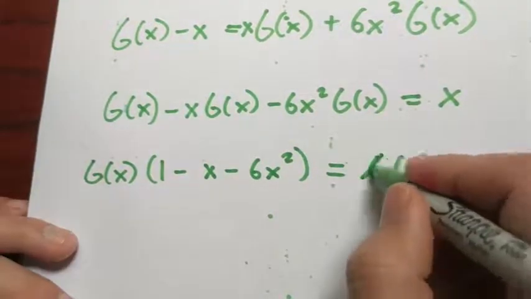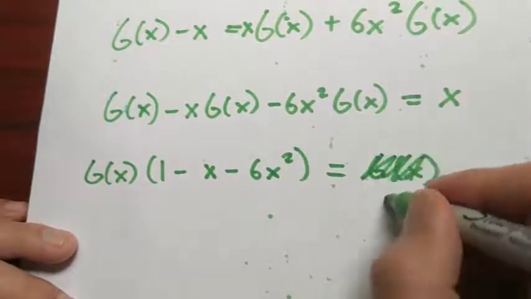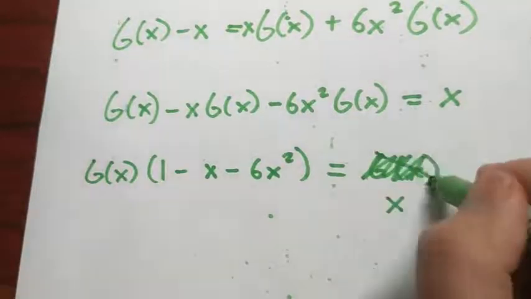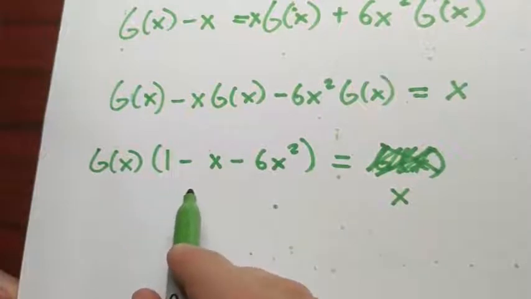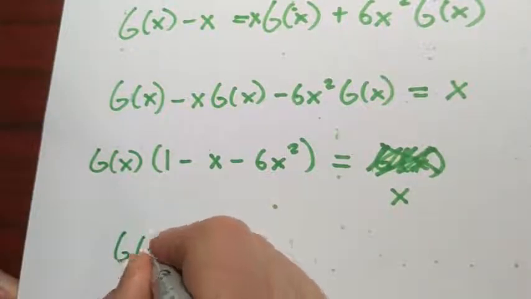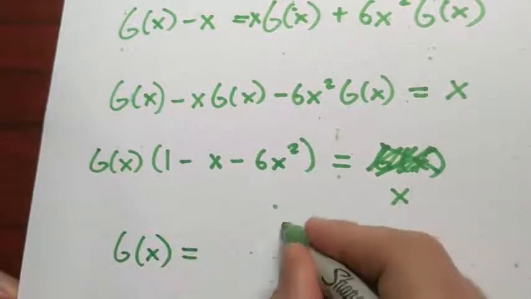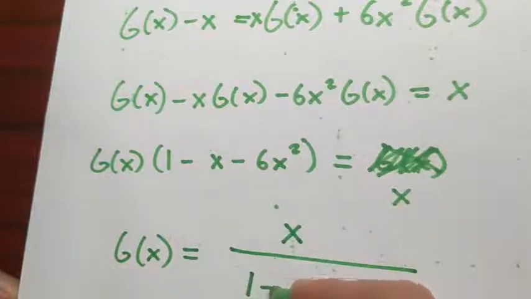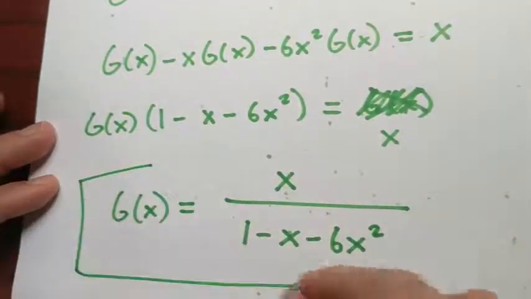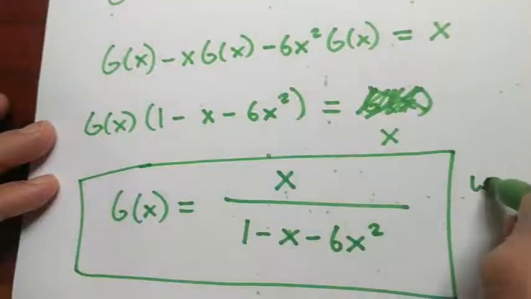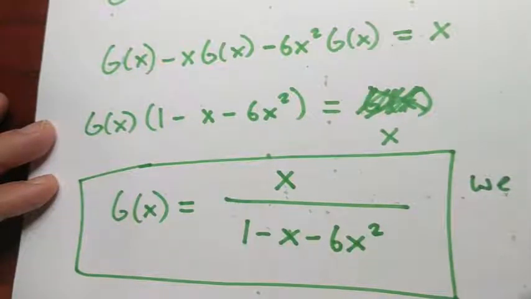And this should be x, not g of x, sorry. And then I could divide by 1 minus x minus 6x squared. And I've done it. Congratulations, everyone. We have found the generating function of our sequence.